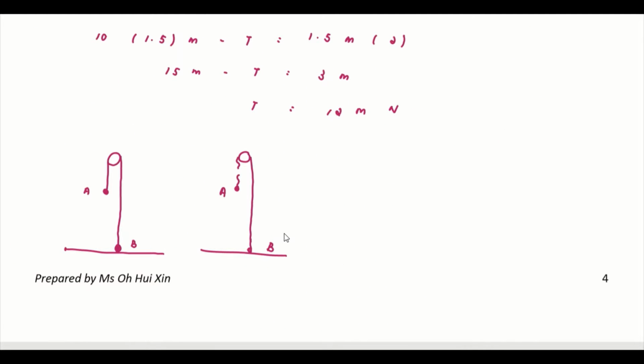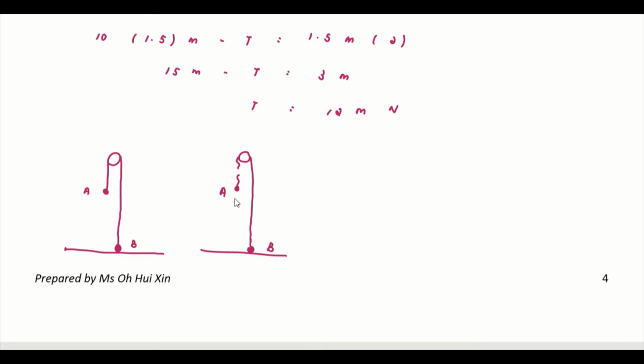Because from the question 2 just now we know that there's a stage that A will fly up, am I right? But what they emphasize here is that at the instant B reaches the ground, the string breaks. So you do not really have the time for the particle A to fly up. So that's why this is our second stage. B reaches the ground, and then after that, the string breaks.